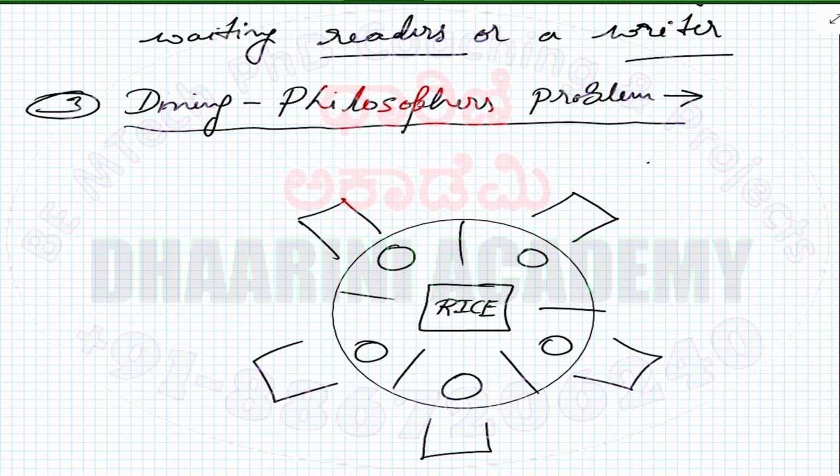All right. So the problem is this: the philosophers are actually eating and thinking. Whenever a philosopher is thinking, that philosopher is not allowed to interact with others. Somebody thinking means they do not interact.